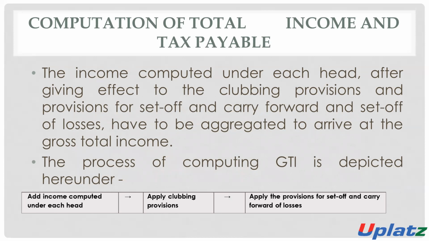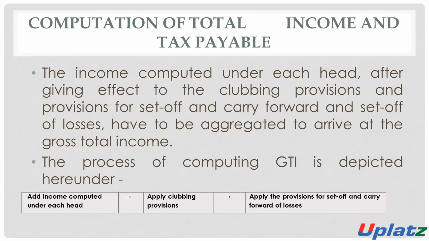And after applying all these provisions, we will aggregate all the income, and on the basis of this we will calculate gross total income. So the process of computing gross total income is explained here.